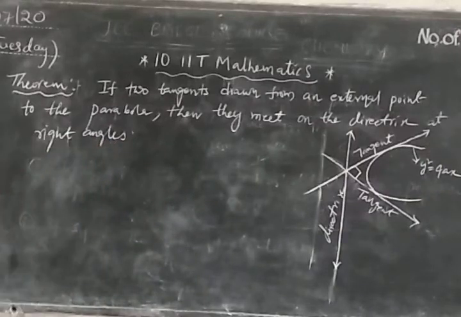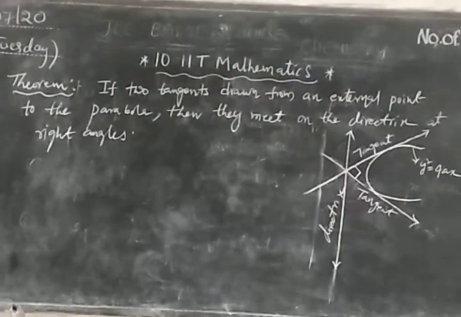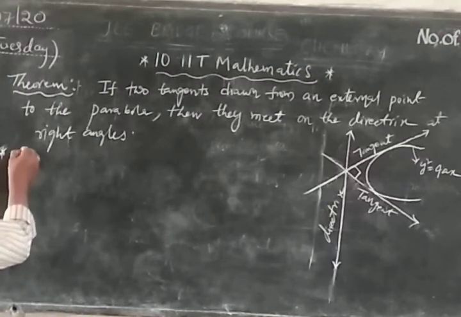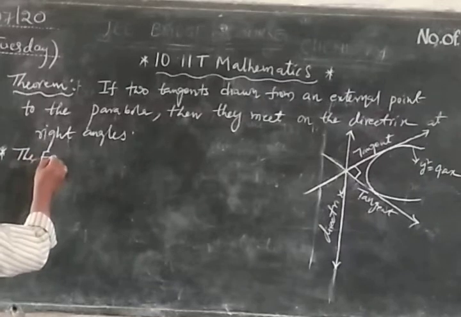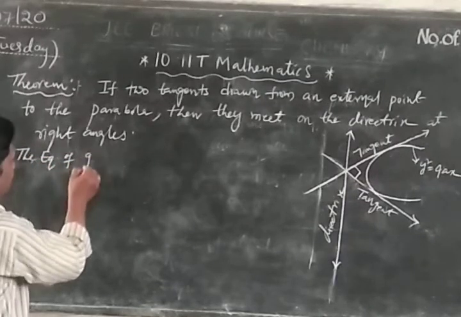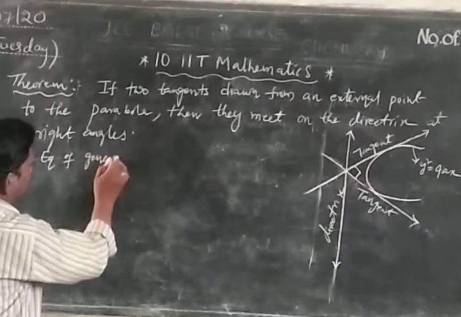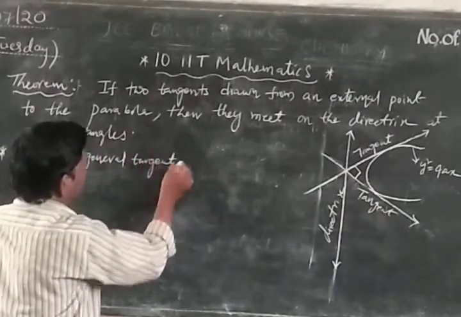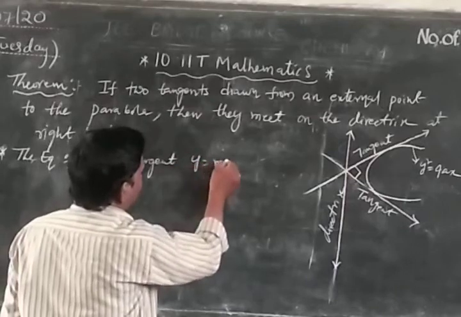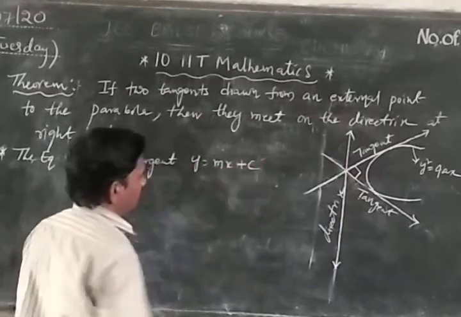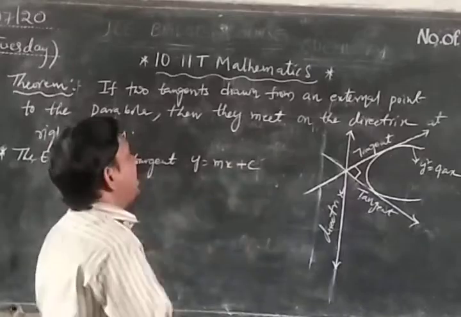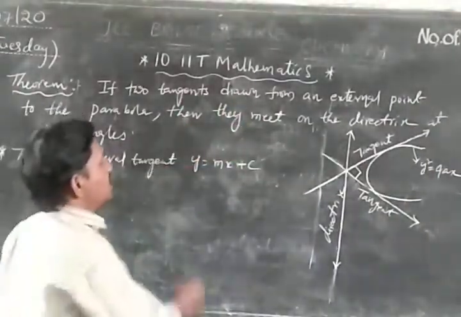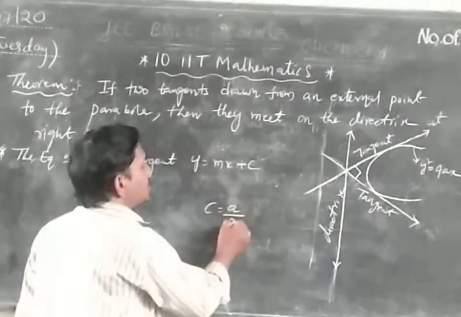Okay, the equation of a general tangent: y equal to mx plus c, we know that, and c equal to a by m, we know that already. In the previous theorem we proved c equal to a by m, the condition of tangent.